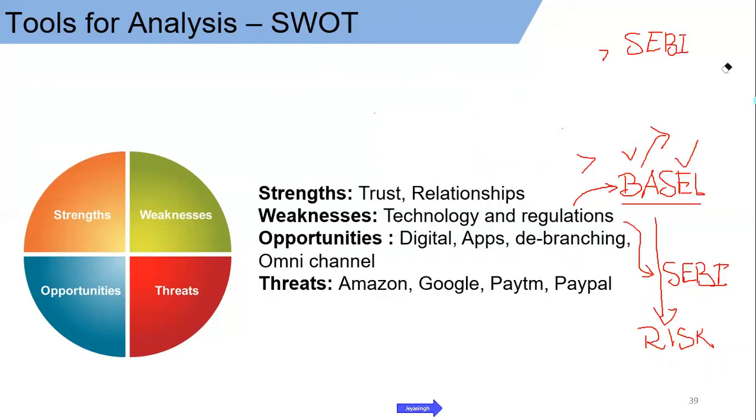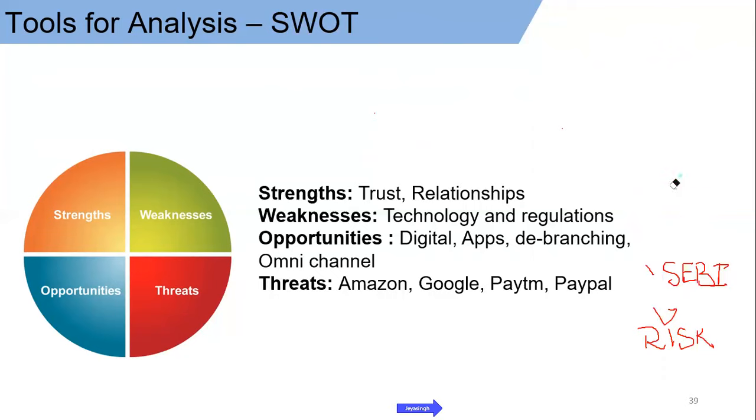So let's look at the strengths, weaknesses, opportunities, and threats for a bank. So trust and relationships, technology, regulations, and the opportunities are to go digital, right? That's a big opportunity for the banks to use apps and de-branch themselves, right? Use multiple channels, which is called the omni channels. And the threats to banks aren't really other banks. And this is where you've got to think of it laterally.